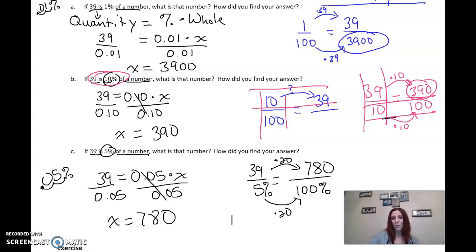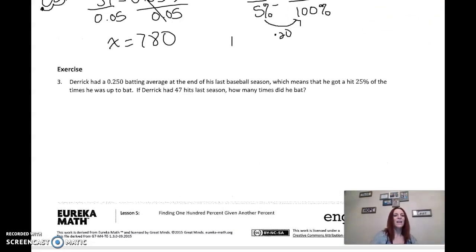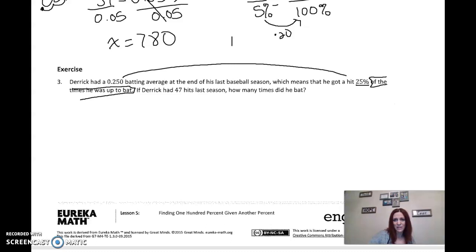One more example. Derek had a .25 batting average at the end of his last baseball season, which means he hit 25% of the times he was at bat. So this .25 and this 25% are the same thing. I don't know the reason, but for some reason when we talk batting averages, we take it to 3 decimal places.